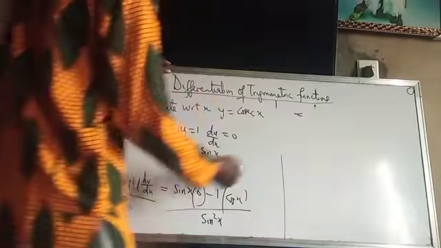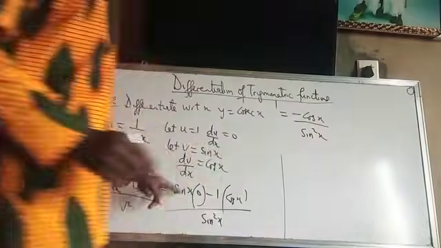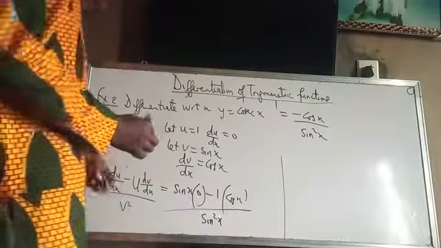So that will be 0 minus cos x all over sine square x.